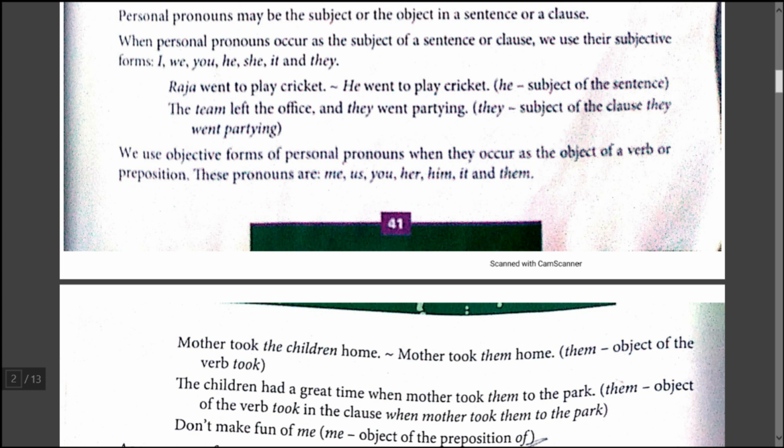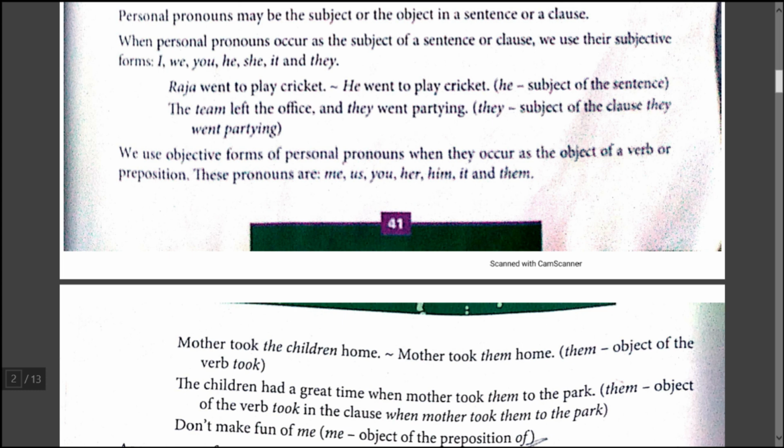They will stand as objective when you ask a question to the verb, and sometimes to the preposition. For example, mother took the children home. And that same sentence, what will be the further? Mother took them home. So instead of the children, you'll be using them. Once again reading, mother took the children home.